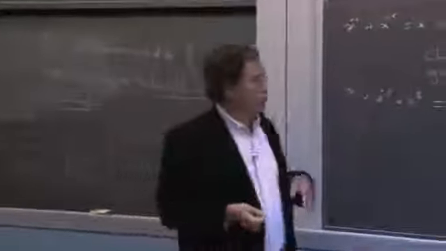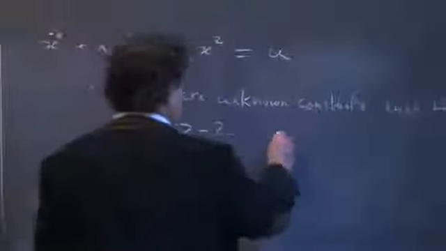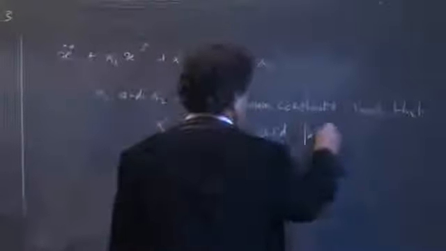In other words, you don't know what they are, but you know some bounds. So for instance, this is completely a toy example, you know that alpha 1 is larger than -2, and alpha 2 is less than 5 in absolute value. Okay, so this is your system.